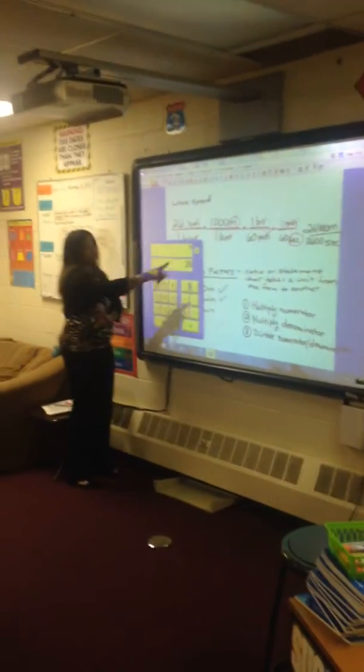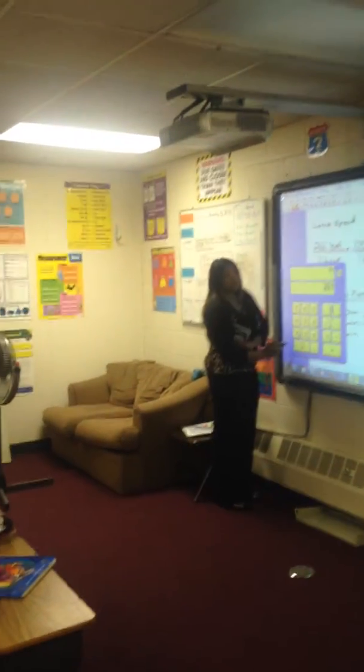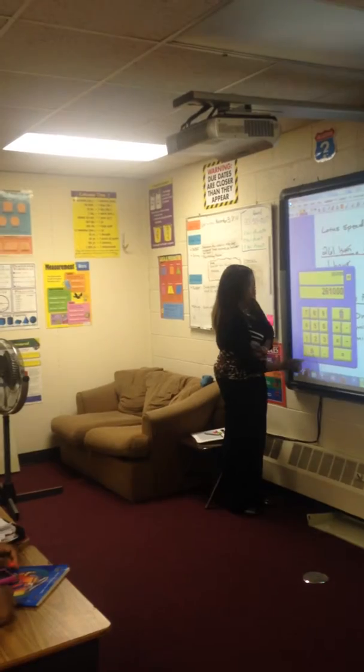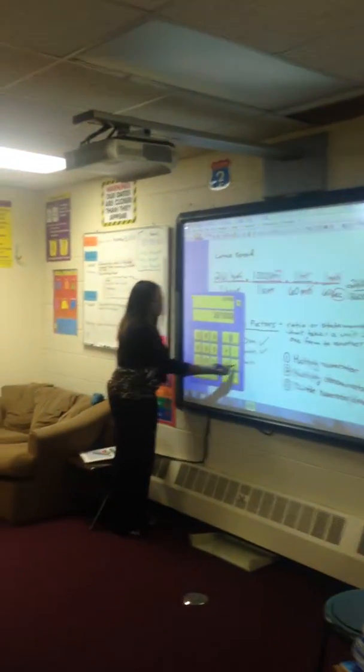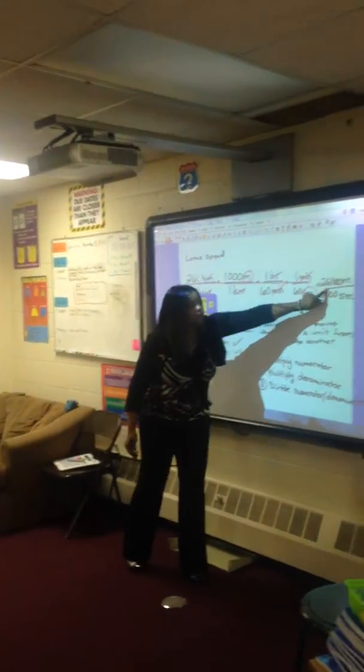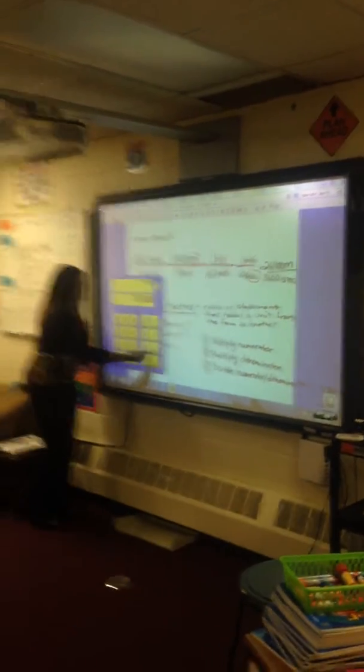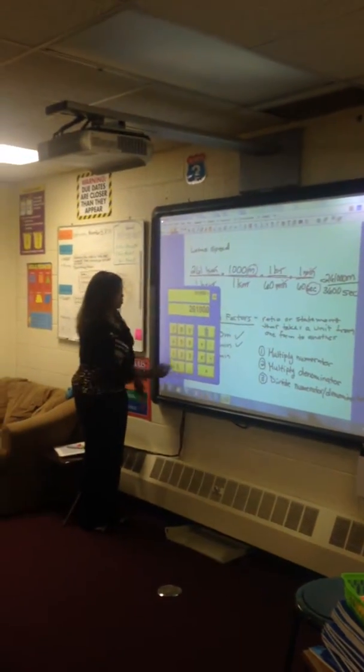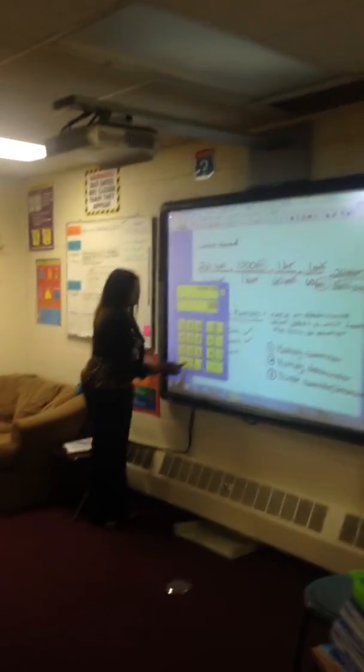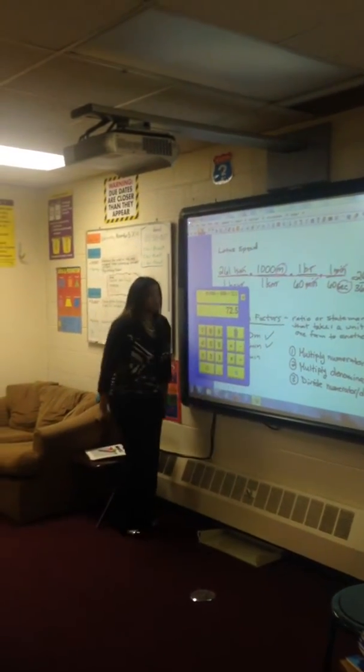I'm going to put in the 261,000 and divide, because that fraction bar means to do what? Divide. And then I'm going to put in the 3,600. And that's going to be 72.5.